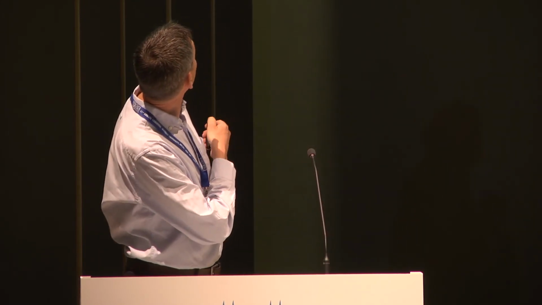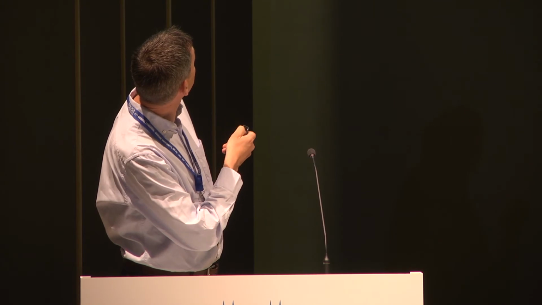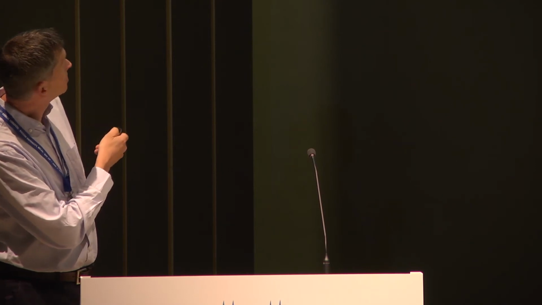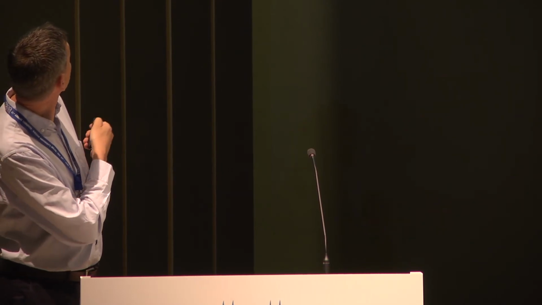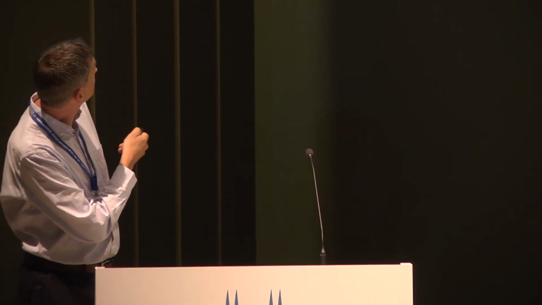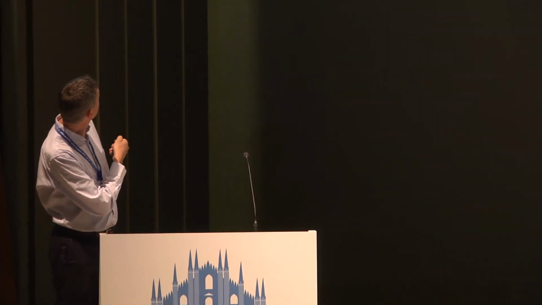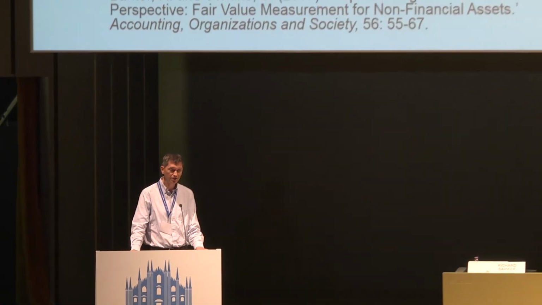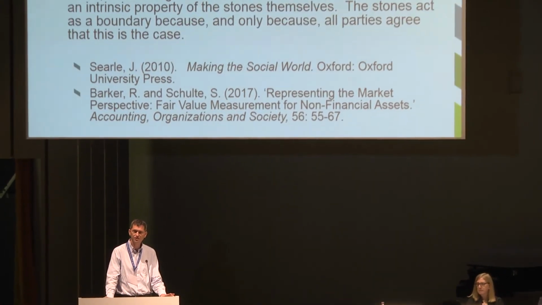He gives the example of a line of stones on the ground, which interested parties agree defines a boundary between properties. What is happening is that the stones are assigned a function of being a boundary, which causes it to be so, even though the function is observer relative and not an intrinsic property of the stones themselves. The stones act as a boundary because and only because all parties agree this is the case.